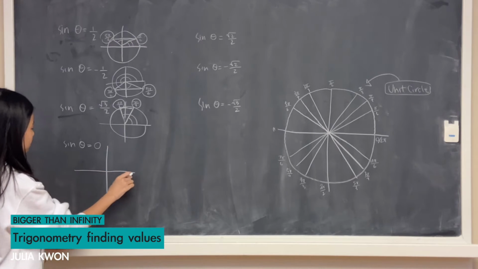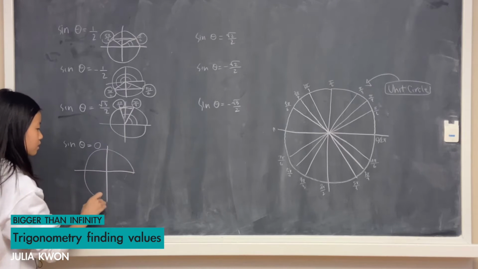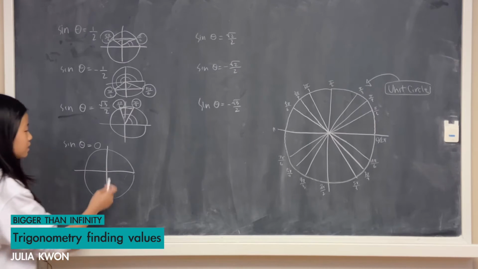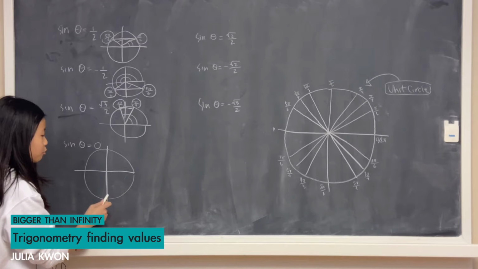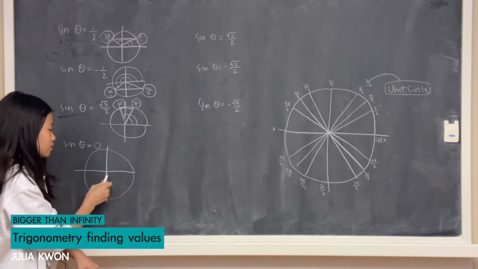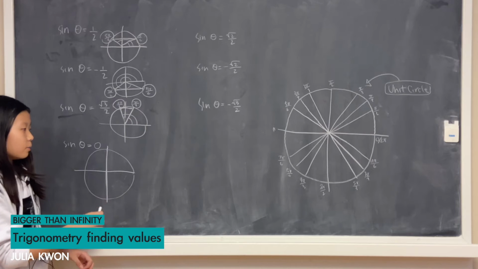Now for sine theta equals 0, this one's kind of hard to explain, but it's basically asking at what radian will we have 0 length in the y-axis.